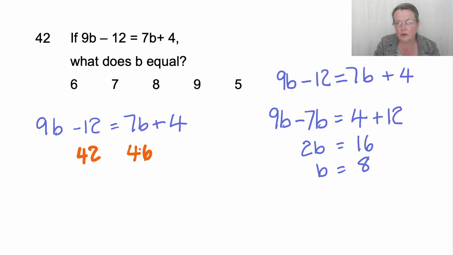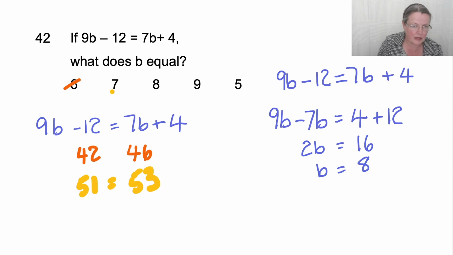Does 42 equal 46? No. So it can't be 6. Let's try 7. 9 times 7 is 63. Take away 12 is 51. 7 times 7 is 49. Plus 4 is 53. Does 51 equal 53? No, it doesn't.